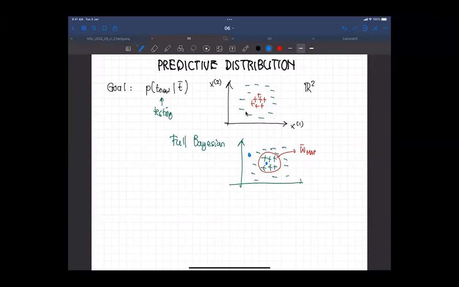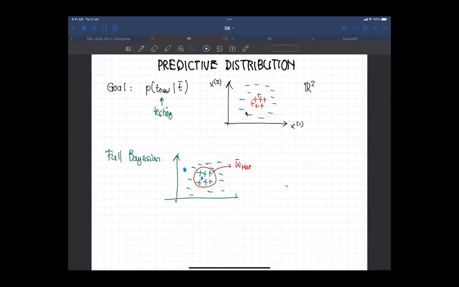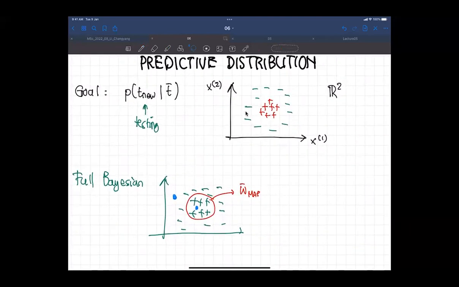But the expression in predictive distribution is very different. Of course, we still have training and testing, but the expression itself doesn't separate the training and the testing. Basically, in predictive distributions, we want to know t-star, and t-star can be anything. It can be here, there, everywhere in the space. So what does it mean by P of t-star given t?